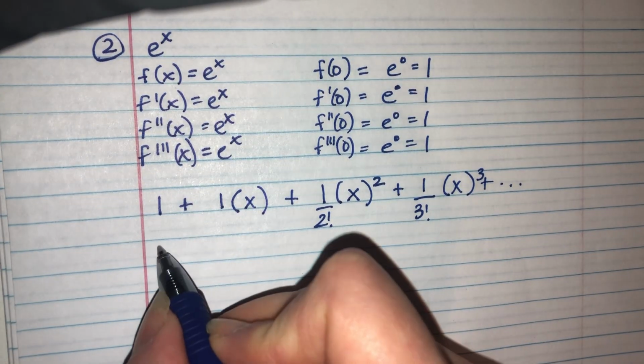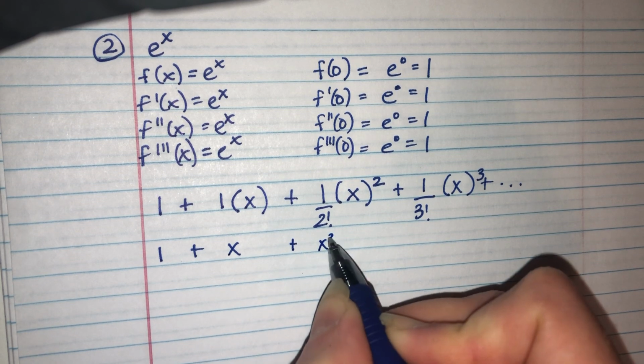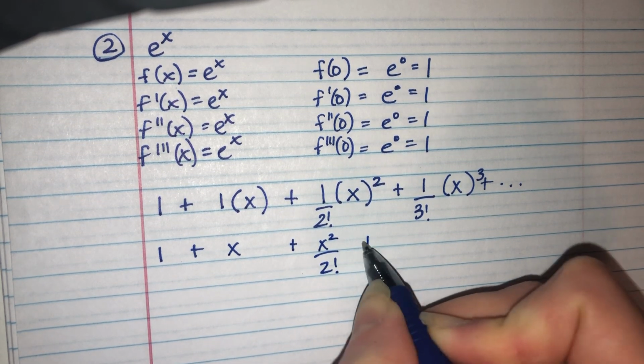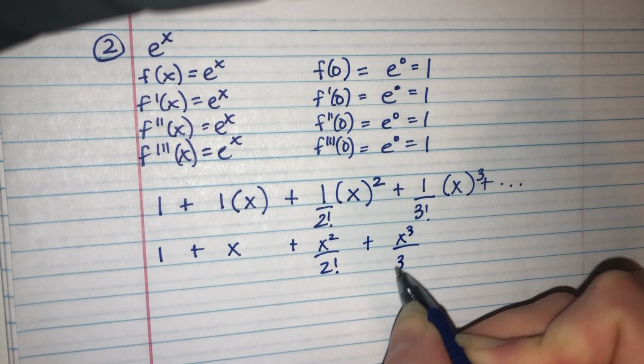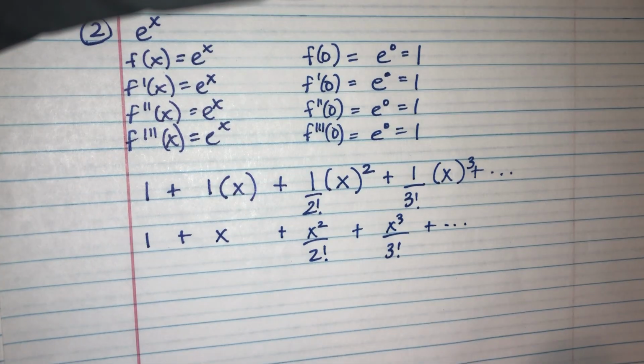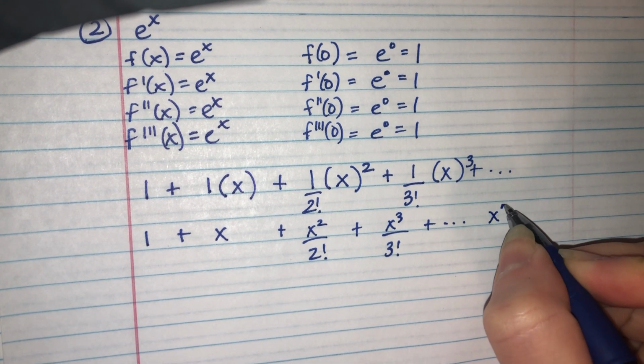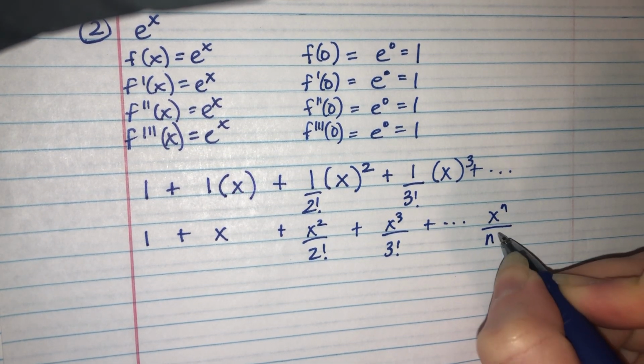So this is going to be 1 plus x plus x squared over 2 factorial plus x cubed over 3 factorial plus dot, dot, dot. So it looks like the nth term would be x to the n divided by n factorial.